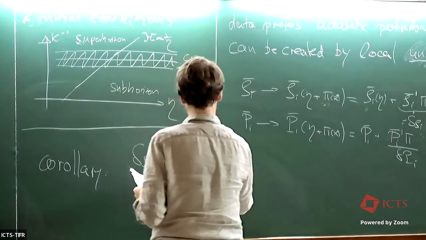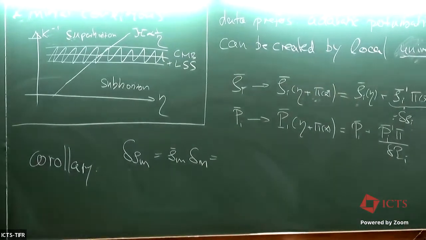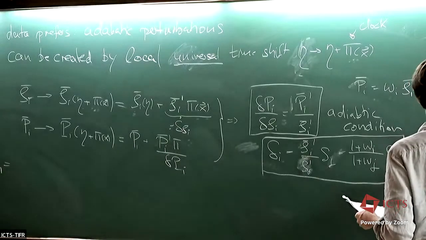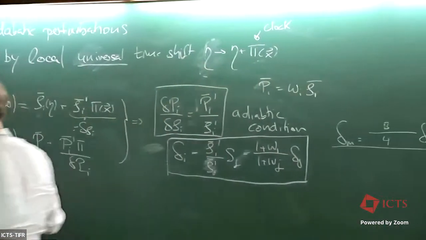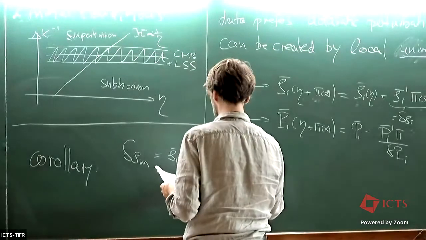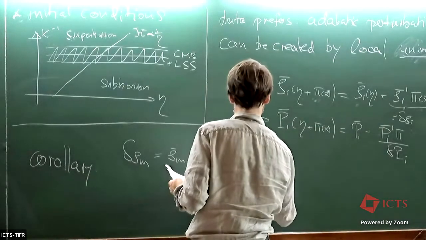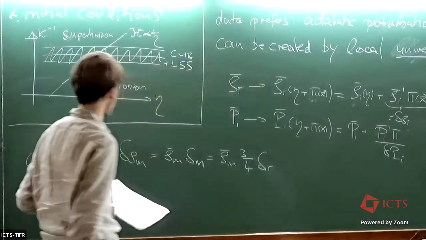And now we can make use of this relation between matter and radiation perturbations. So what we have here is rho matter bar times 3/4 times delta radiation.